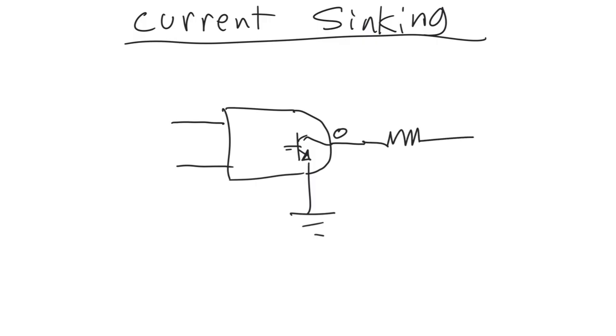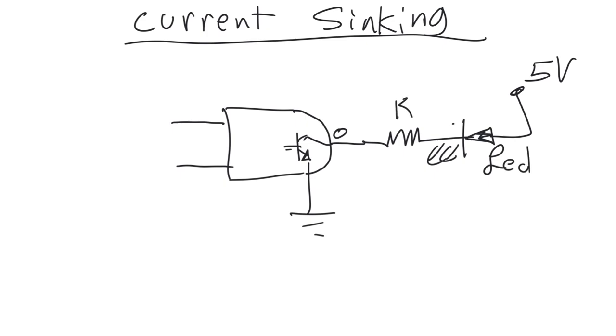And then this would go up to 5 volts, and this is the LED, and this is for current limit. So current will flow down this way when this output is logic low through that internal transistor. So it's sinking the current. That's like water being poured into the bucket.